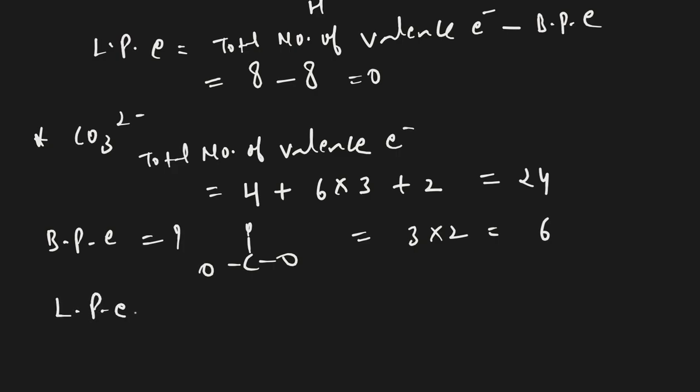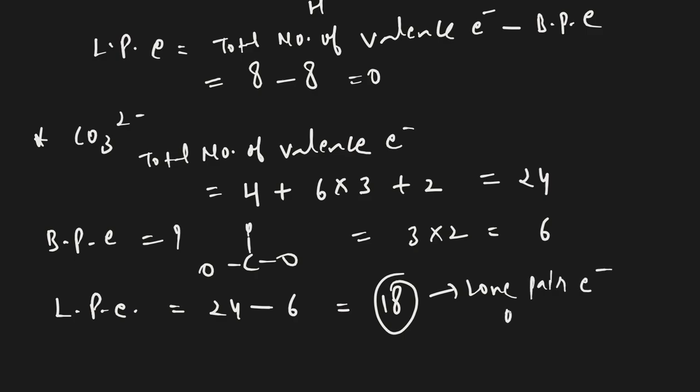Lone pair electrons would be 24 minus 6, that is 18. So these are lone pair electrons, which will be used for double bond or triple bond.